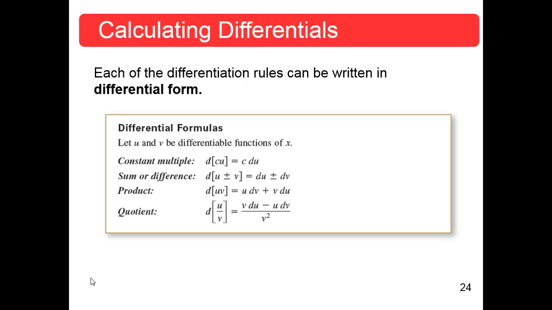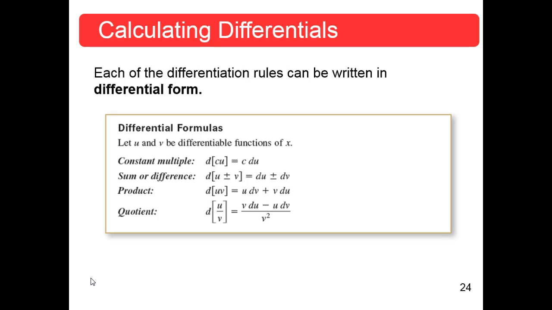If u and v are both differentiable functions of x, then the differential of cu is going to be c times the differential of u. Remember in derivatives we said the derivative of cu is c times du.